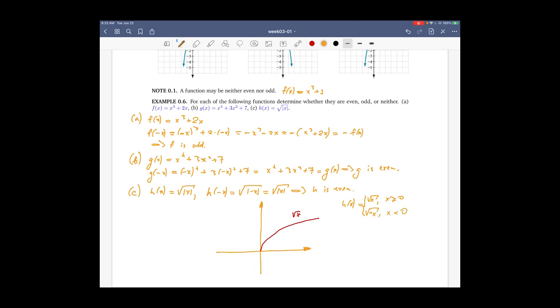And as we know, placing a negative in front of x reflects the graph. So we will have the other branch look like this. Altogether, this is the graph of the function square root of absolute value of x.